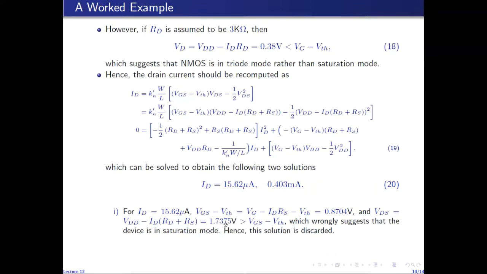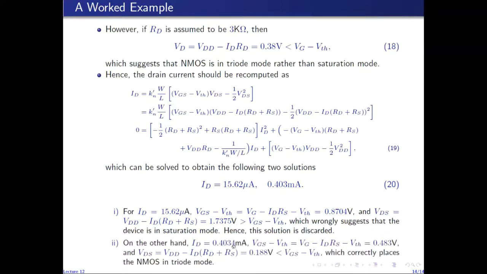Since 1.74 volts is greater than 0.87 volts, using this value of ID, VDS comes out to be greater than the overdrive voltage, which suggests that if this is the current going through NMOS, then the NMOS is in saturation mode. But that is incorrect because we have already established that the NMOS is in triode mode. So we discard this root. This is the extraneous root. And we take the other root as the value for the drain current.